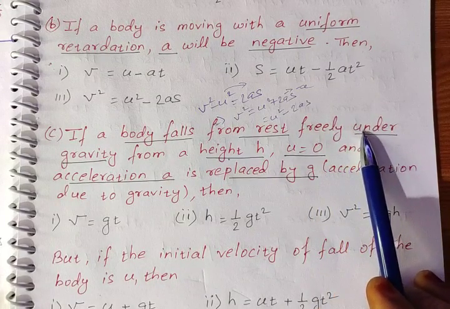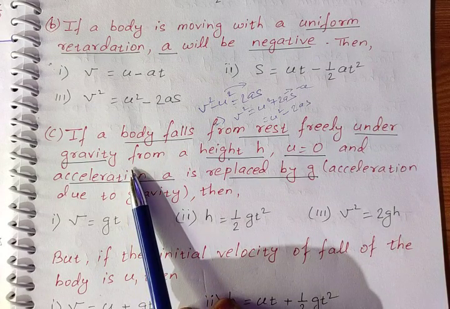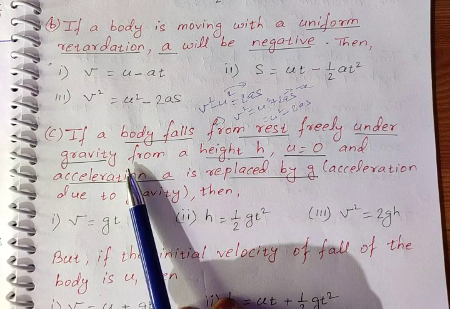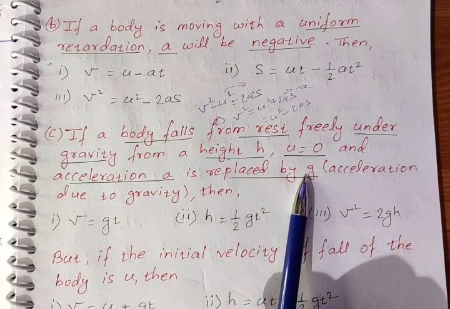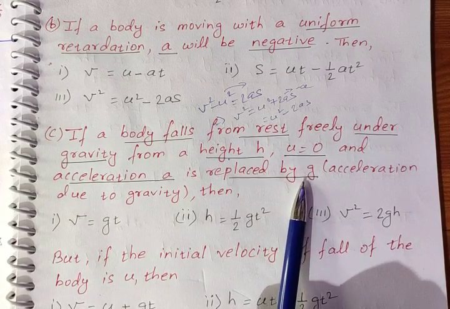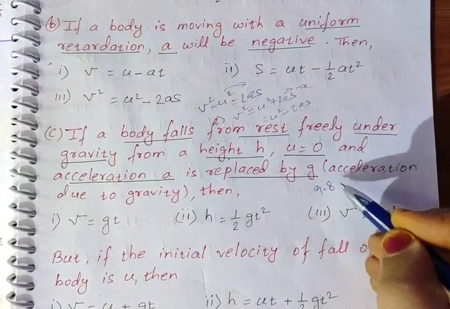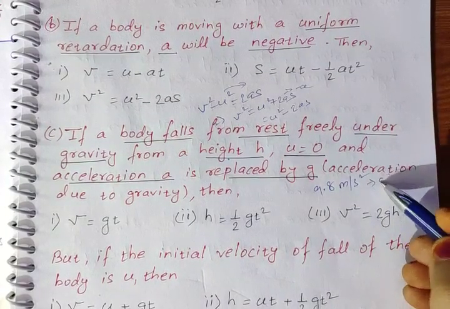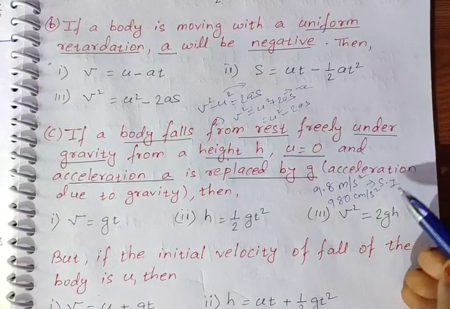Next, the body is falling freely under gravity. Whenever a body falls freely under gravity, the acceleration is replaced by acceleration due to gravity. a is replaced by small g. g stands for acceleration due to gravity. Its value is 9.8 meter per second square in the SI system, whereas in the CGS system it is 980 centimeter per second square.